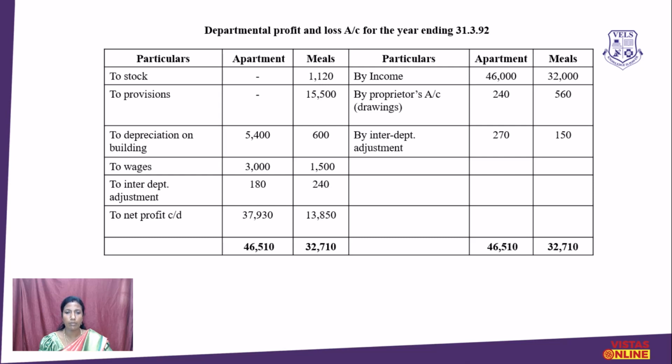So the total is 46,510 for apartment and 32,720 for meals. The difference is the net profit: 37,930 for apartment and 13,850 for meals department. So the net profit of both departments is 37,930 and 13,850.